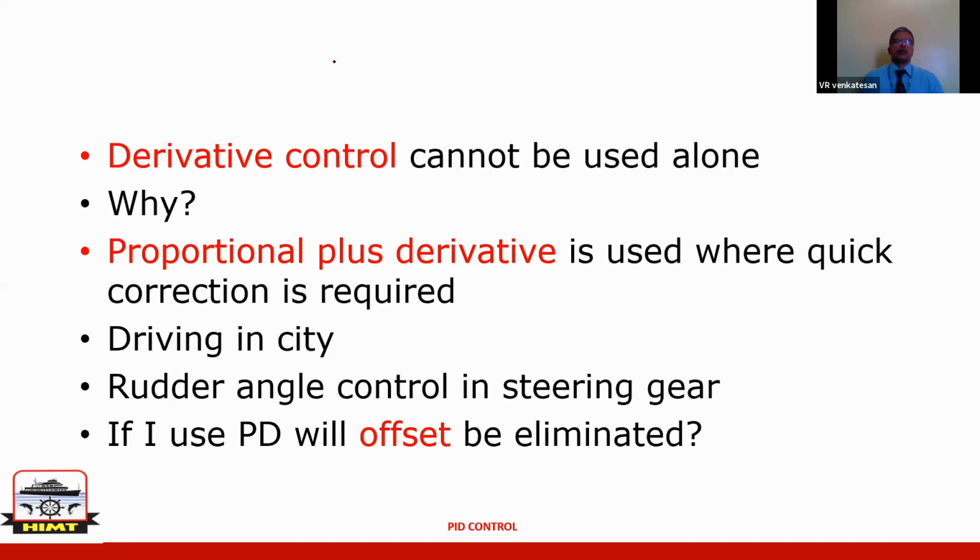Not required, because integral control is for steady state. When you are driving around inside a city, there is hardly any time you will maintain a steady speed. Most of the time, speed will be increasing or decreasing. So what you need is quick response.